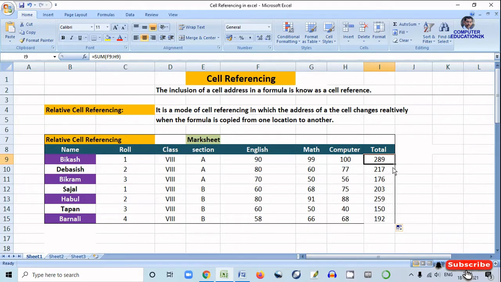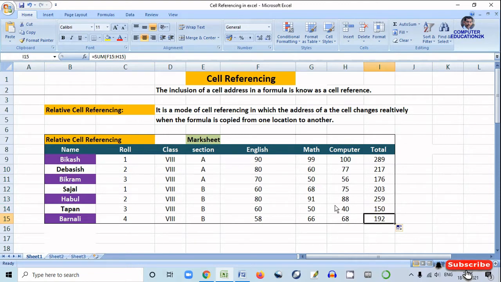But when you have dragged it down, this formula has been copied from this location to the other location down, but the cell reference has changed. So this is the example of relative cell referencing, because the cell reference has changed relatively down in these cells.